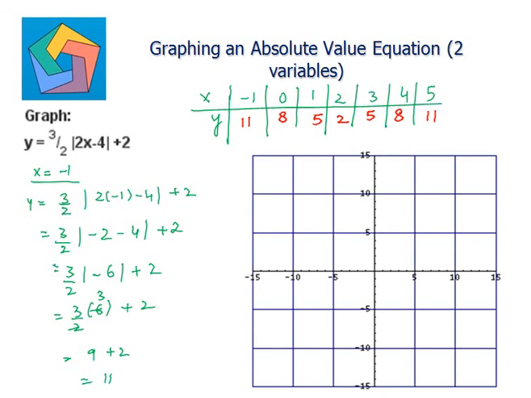So negative 1, 11; 0, 8; 1, 5; 2, 2; 3, 5; 4, 8; and 5, 11.